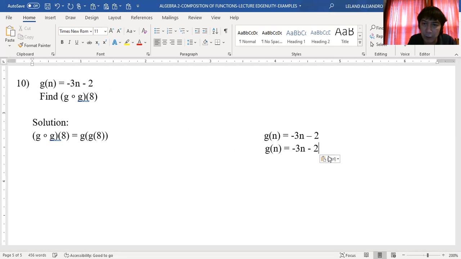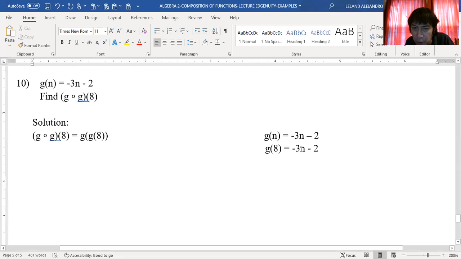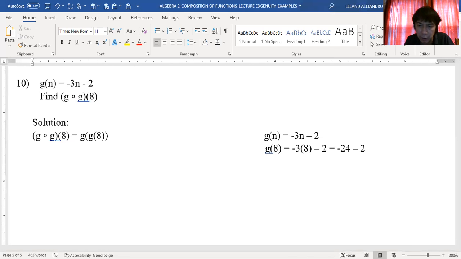In the equation, that's negative 3n minus 2. It will become negative 3 times 8. And this will be evaluated to negative 24 minus 2, which is negative 26. So we now have G of 8.